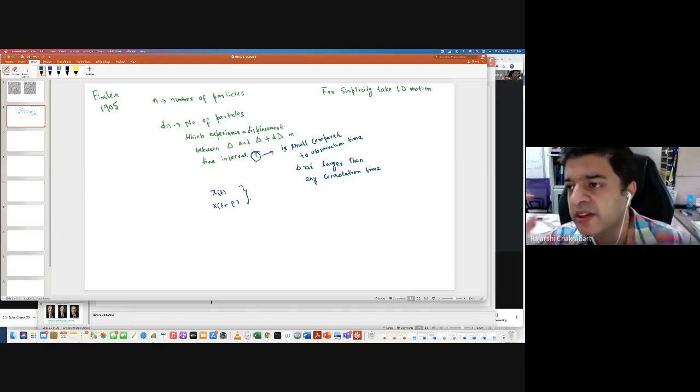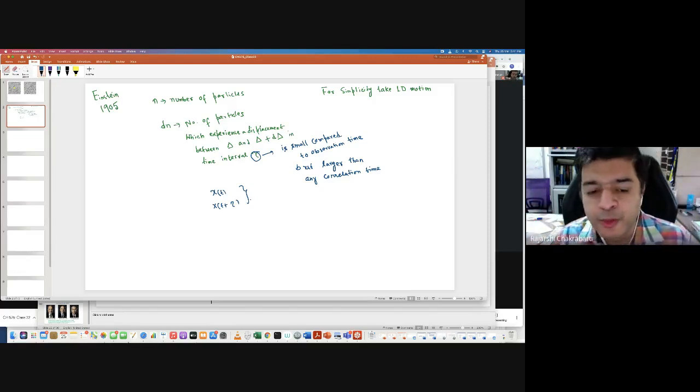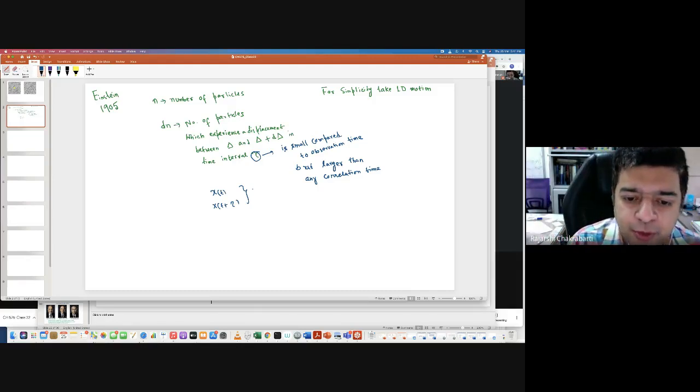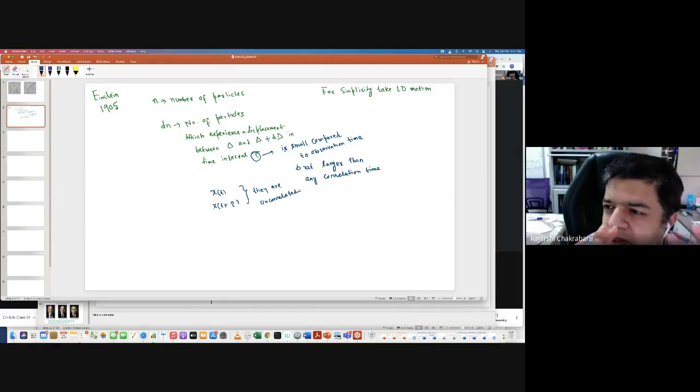So the position x(t plus tau) has nothing to do with its earlier position x(t). Okay, so they are completely uncorrelated. This is how one can think of it.